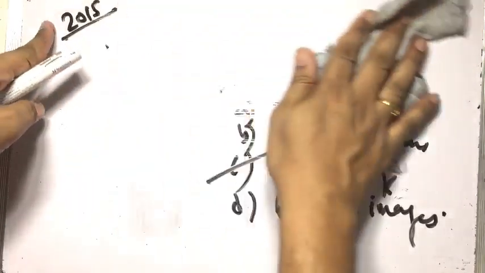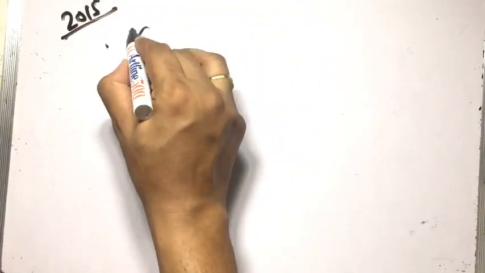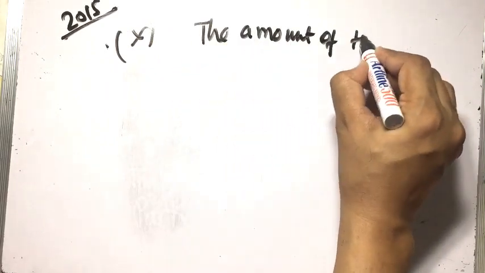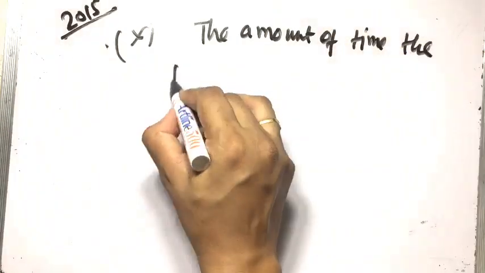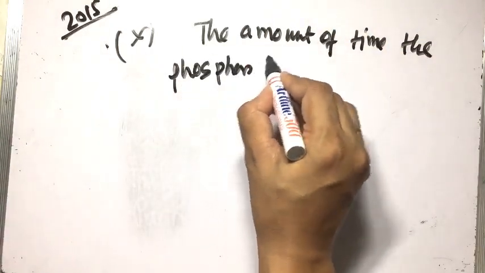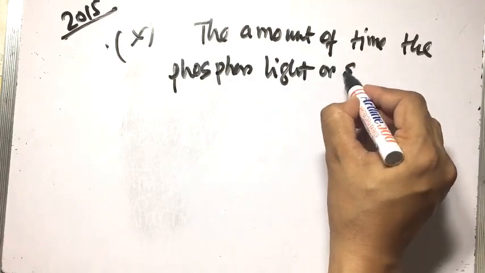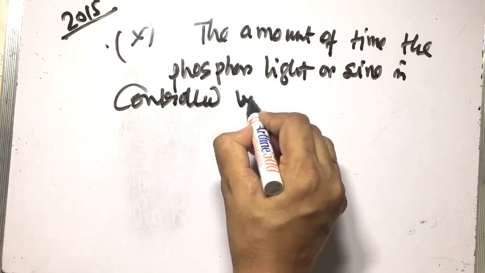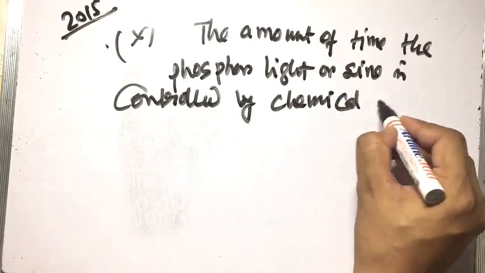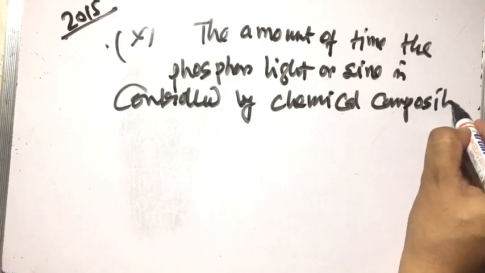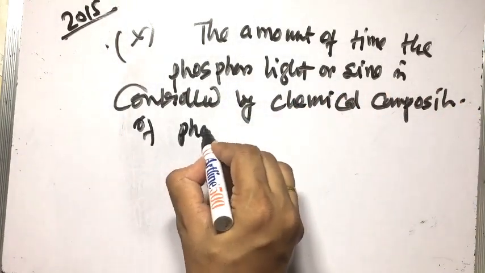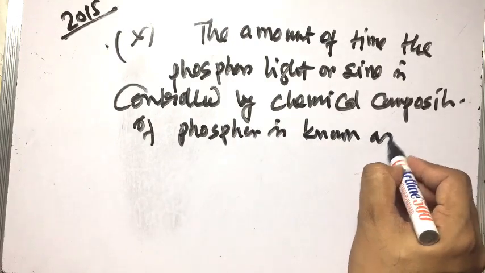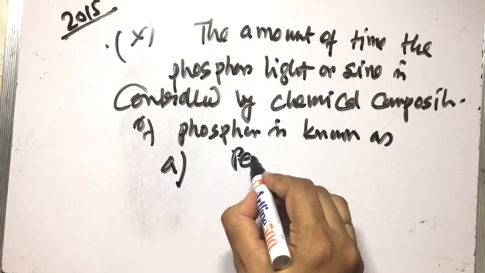And then the last question, question number 10. The amount of time the phosphor lights or shines, which is controlled by the chemical composition of the phosphor, is known as option A, persistence.